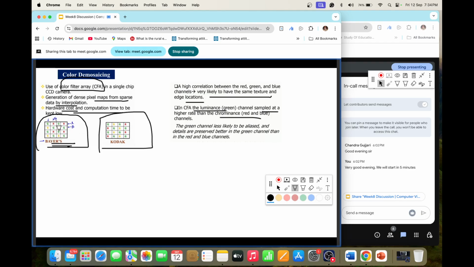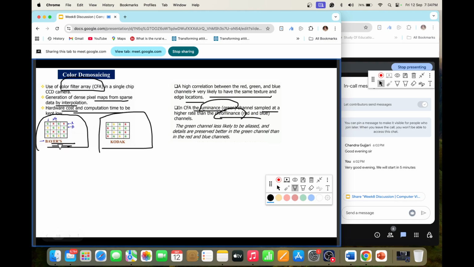Here the most important thing is non-green and green. We are giving more importance to green. Why? Because in the CFA the green channel is sampled at a higher rate than the other two channels, red and blue. So the CFA is for luminance. We have two things: one is light intensity, that is luminance, and the other is chrominance. Recall the YIQ model or YCbCr model: there Y is for luminance and CbCr or IQ is for chrominance.